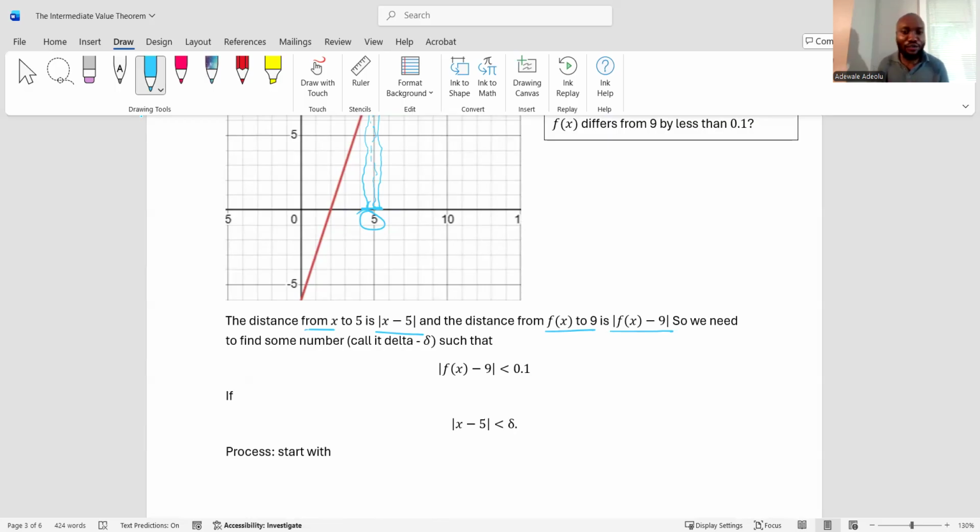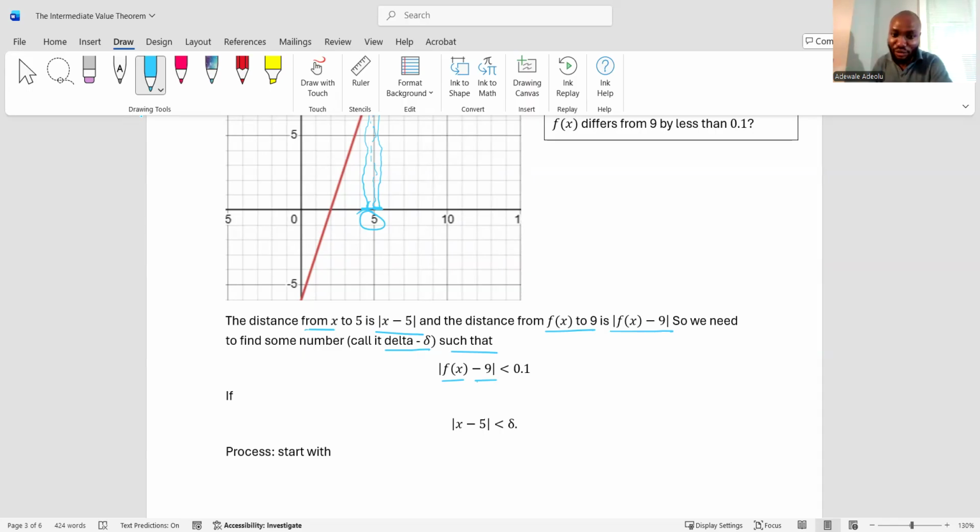So we need to find some number, let us call it delta, such that the function value minus 9, that is the distance, as we are getting closer and closer on that y value, which is our target, our limit.